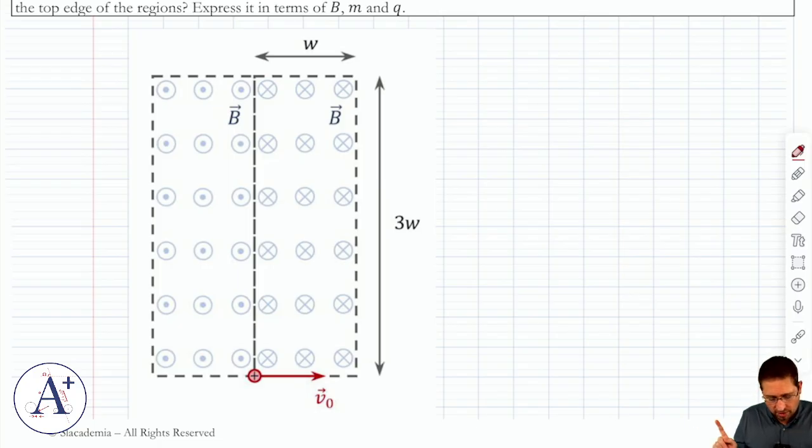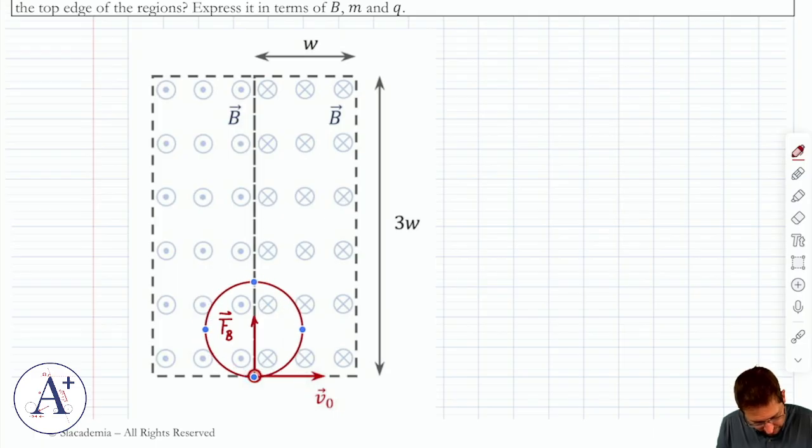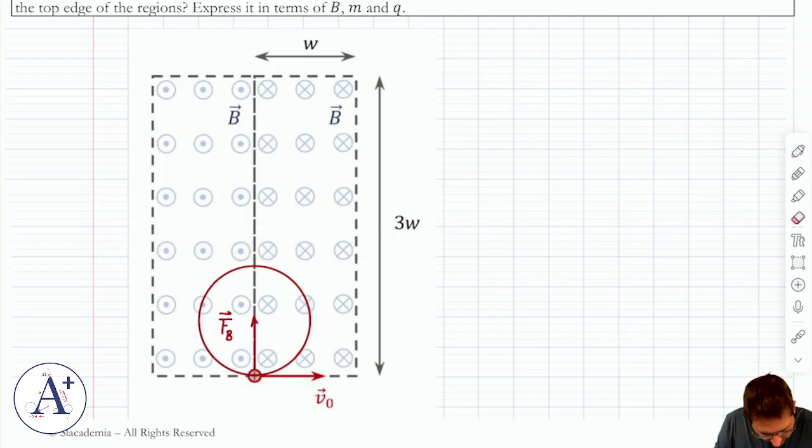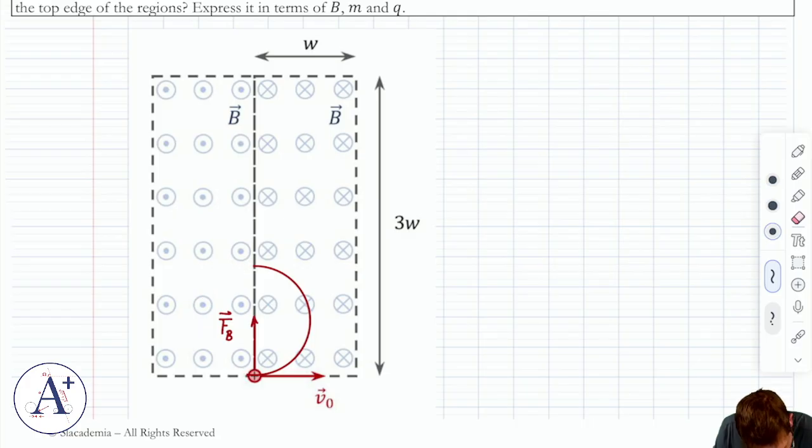Right hand rule: forefinger to the right, middle finger into the page because we're in the right region and B is into the page, and then my thumb is going to point upward. But remember, these particles move along a circular path, so this thing is going to go around a circular path, like this. I have to stop it right here because I'm not sure what happens once I reach this point, but that's what's going to happen up to there.